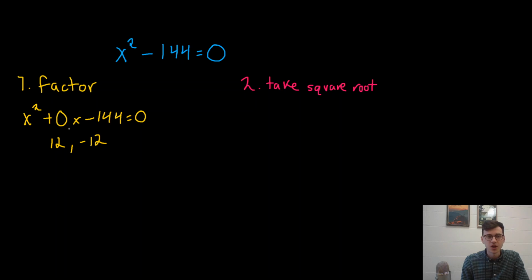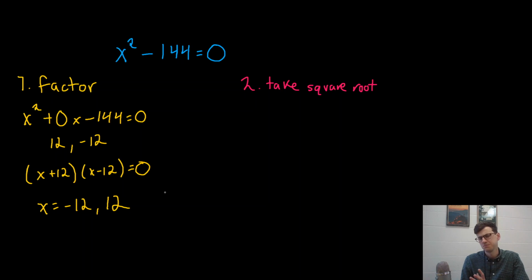So that would leave me with x plus 12 and x minus 12 equal to 0. Remember the zero product property, if either one of these is 0, then the whole equation is 0. So then x would be either negative 12 or positive 12. Okay, so that's one way you can think about it, is by factoring.